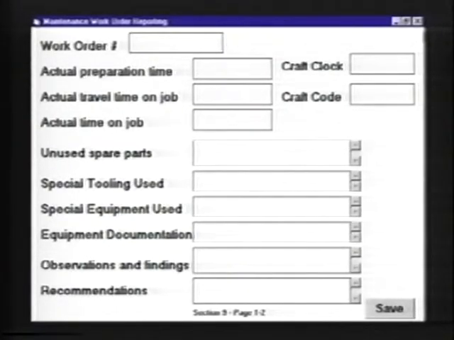And when I talk about recommendations, you've heard me say this many, many times. The payback of good planning and scheduling is the recommendations by your craft personnel for operating improvement. Now again, you can have more data elements and more data for each one of these major reporting functions. You pick, choose, and design accordingly.